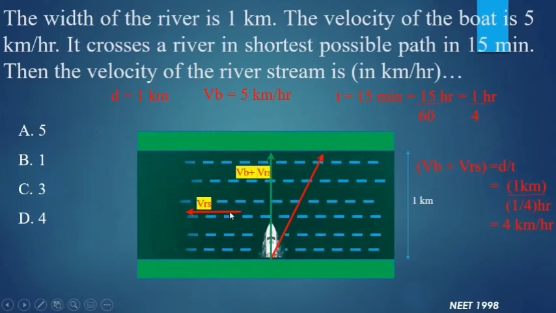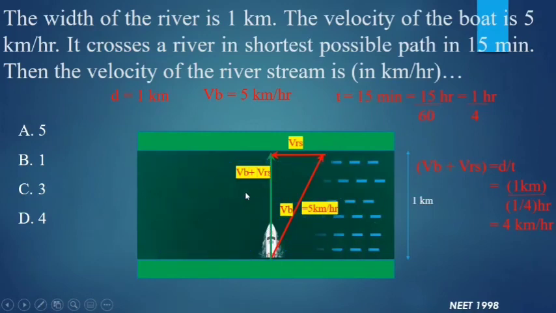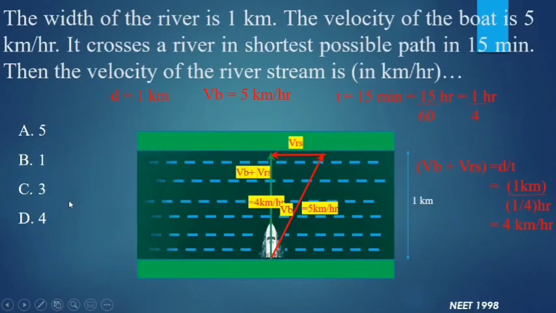By translating this vector, the value for VRS should be such that the velocity for the boat will be perpendicular to the velocity of the stream. So by using the Pythagoras theorem, this is 5 km per hour, this is 4 km per hour. We can find out that VR is equal to 3 km per hour. So the correct option is C, 3 km per hour.